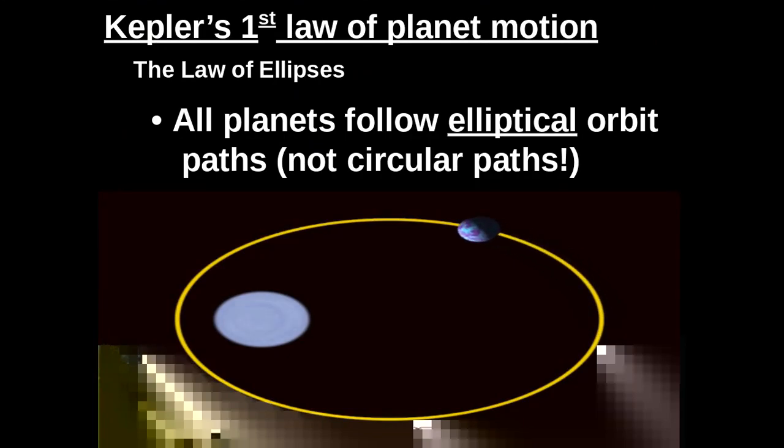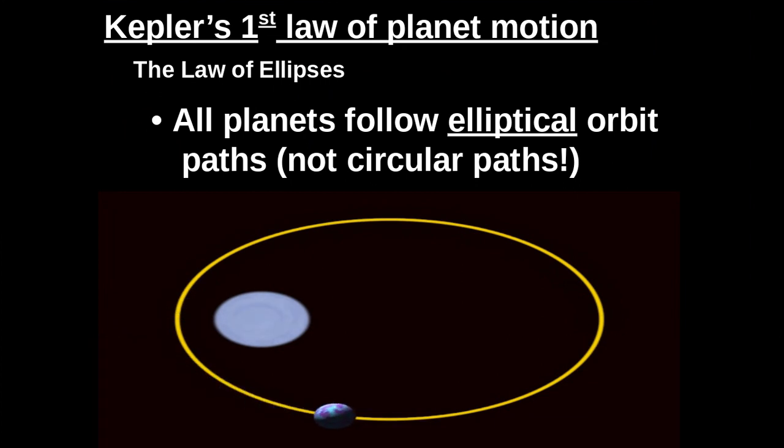Kepler's first law of planetary motion is the law of ellipses, where all planets follow an elliptical orbit around the sun. Now remember, Copernicus proposed circular orbits, but again, to make the prediction of planets and how they move more accurate, Kepler then says, no, they're not circular orbits, but instead they are elliptical orbits.